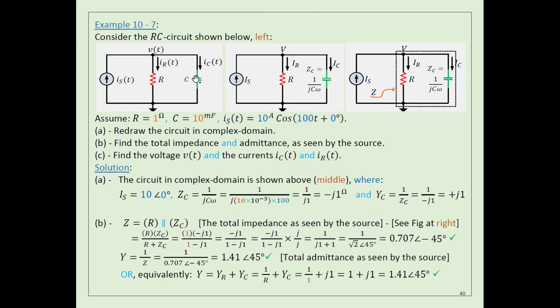So here R is 1 ohm, so it stays 1 ohm. For the capacitor, I now need to calculate its impedance, which is 1 over j omega C. What is omega?